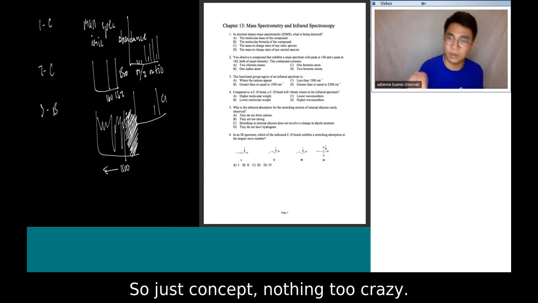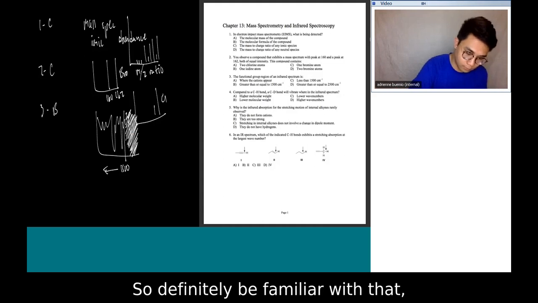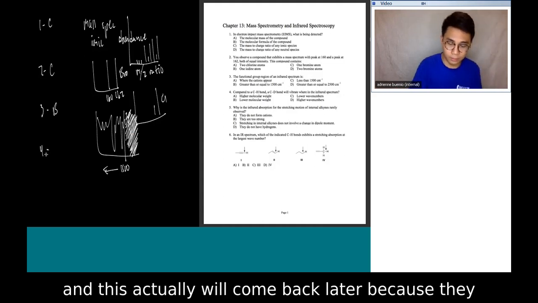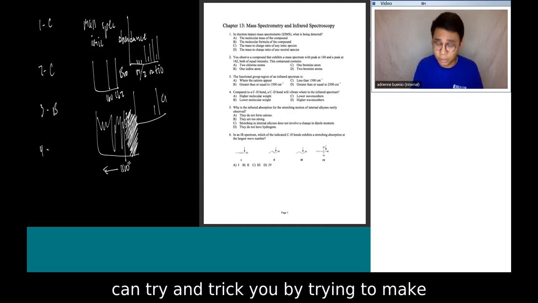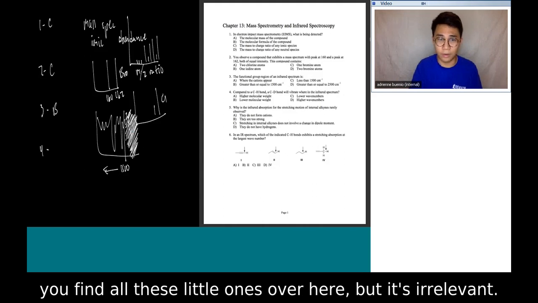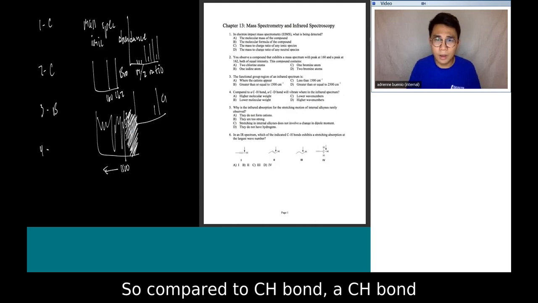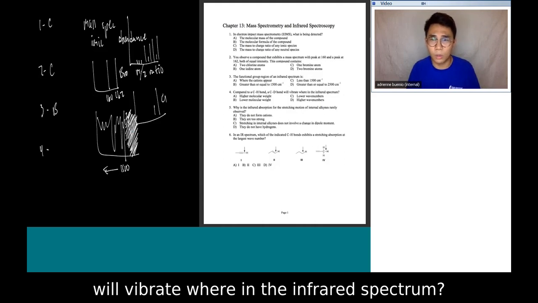So just concept, nothing too crazy, but definitely be familiar with it. This will come back later, because they can try to trick you into finding all these little peaks over here, but they're irrelevant, right? Irrelevant.